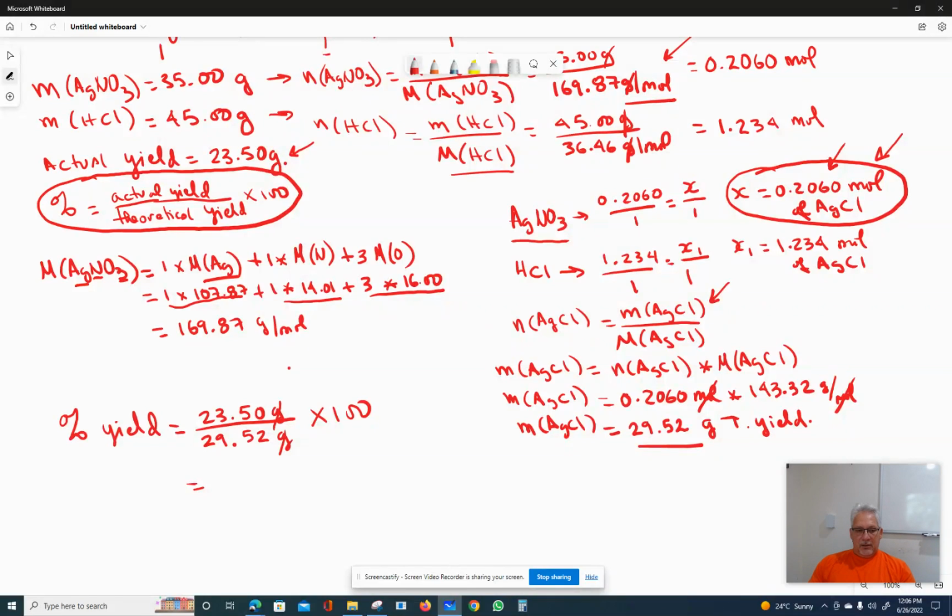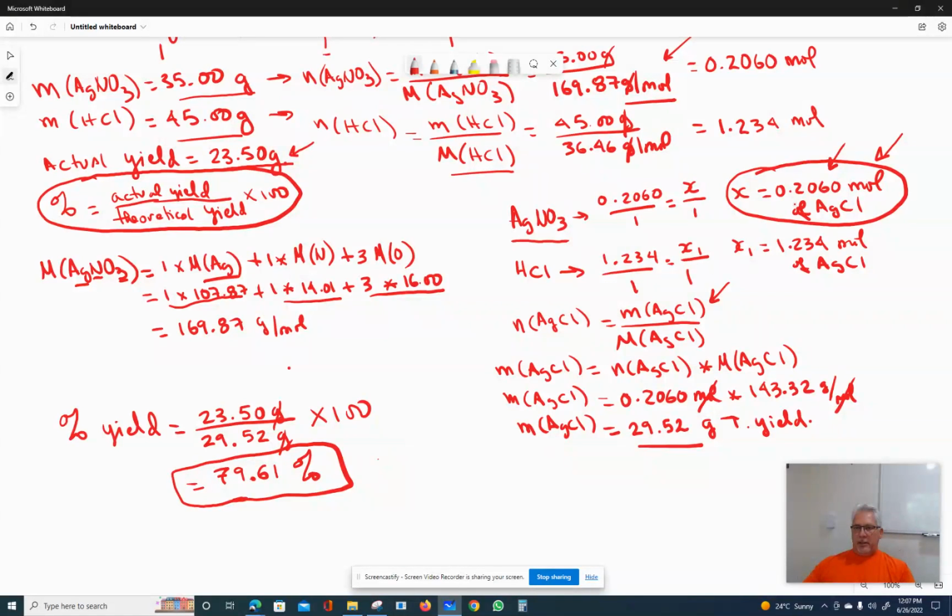23.50 divided by 29.52 and multiply by 100. I got the percent yield is 79.61%. Remember, none of these numbers are, well, maybe the percent yield, yes, because I reduced the mass to 10 grams, so maybe the percent yield will be the same one, but that will be the answer, okay?